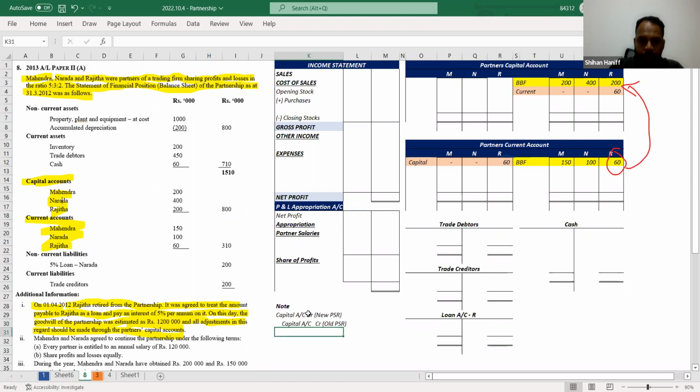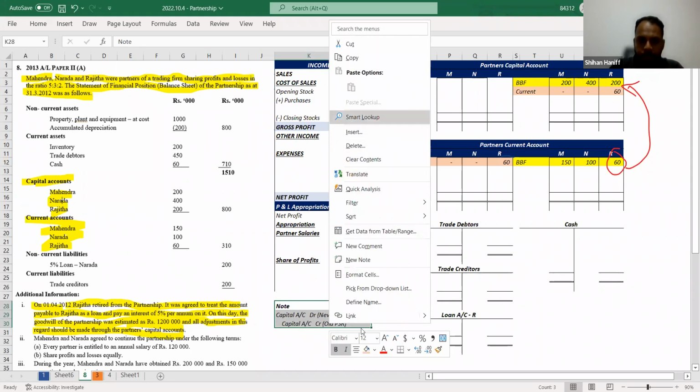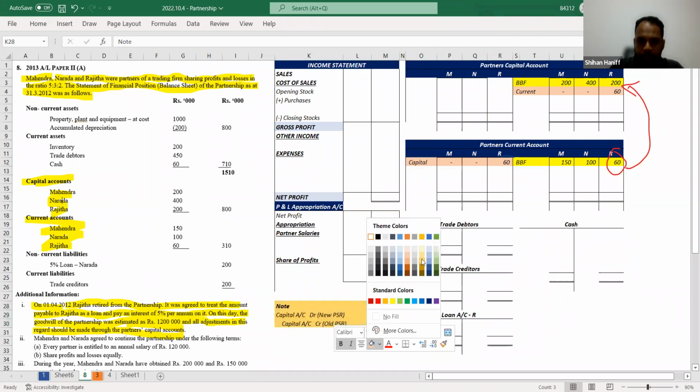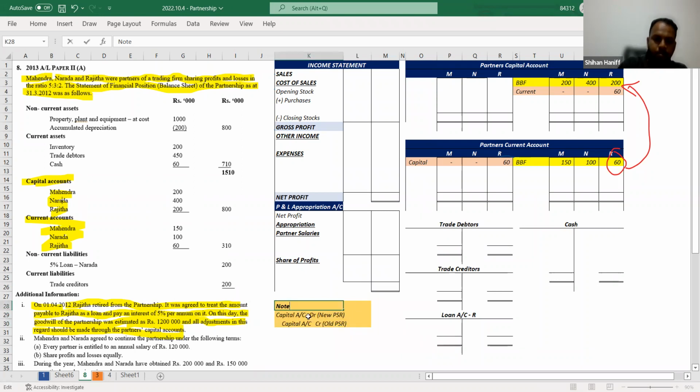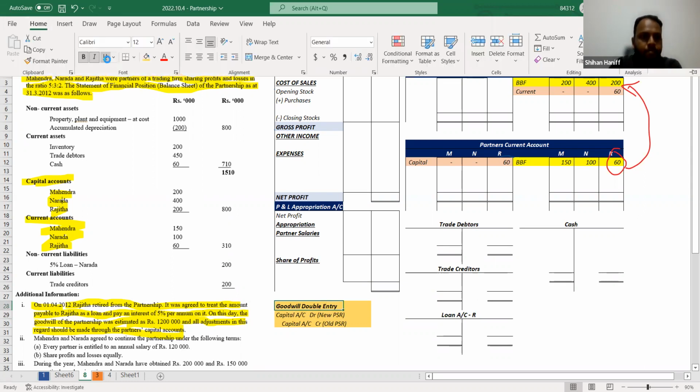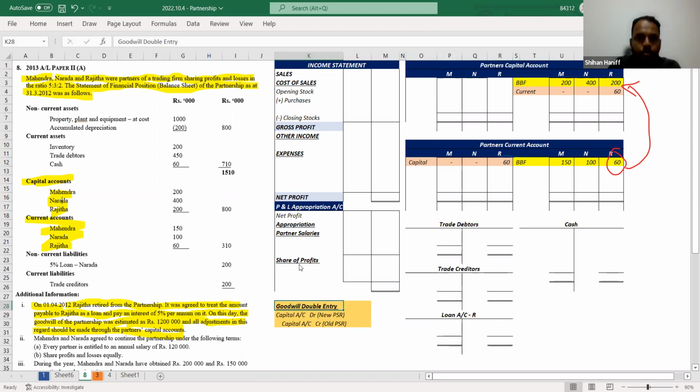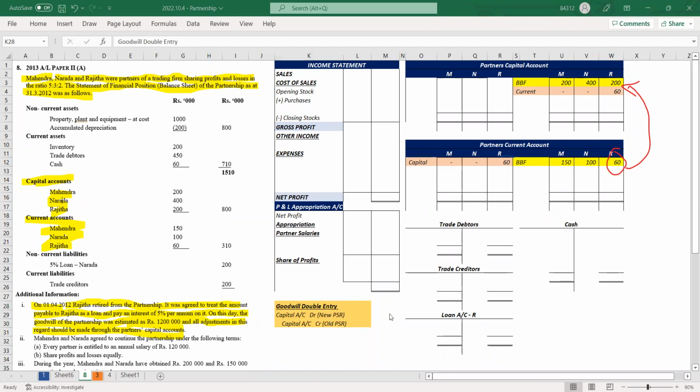So this is how we record the goodwill. Goodwill double entry: capital account debit new profit sharing ratio, credit old profit sharing ratio.